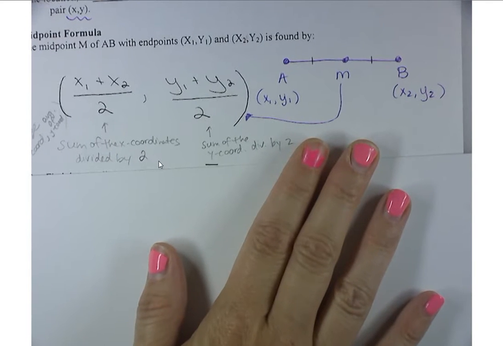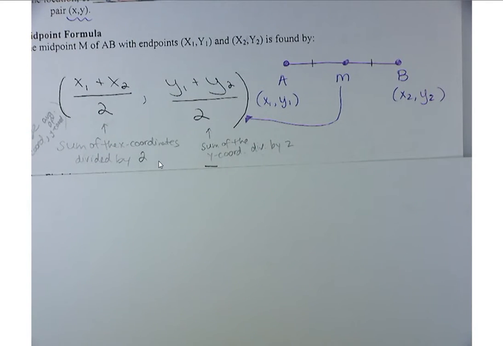So if you have a segment like we have here, you're going to have 2 points. So I called my points A and B. The midpoint is going to be marked with an M. And then to label your points A and B, A can be any point x1, y1. So that'll be somewhere on your coordinate plane.